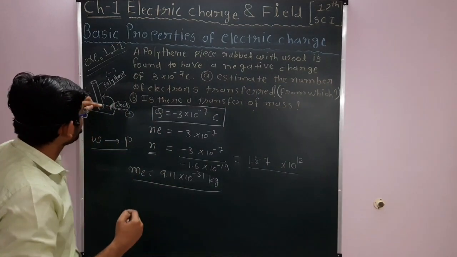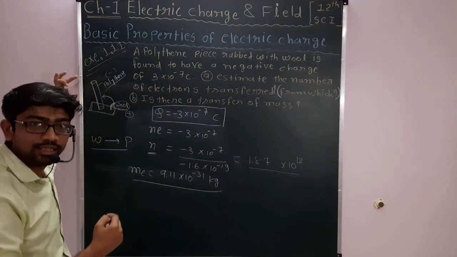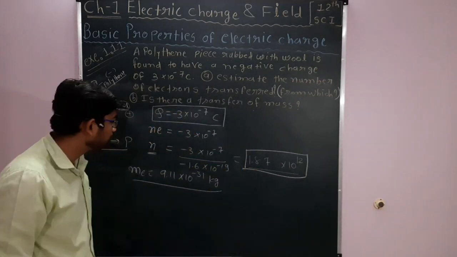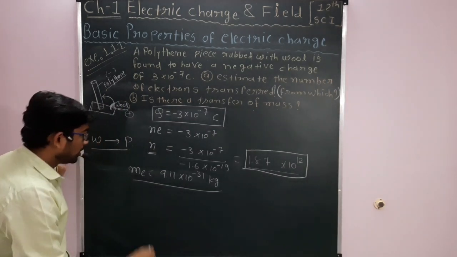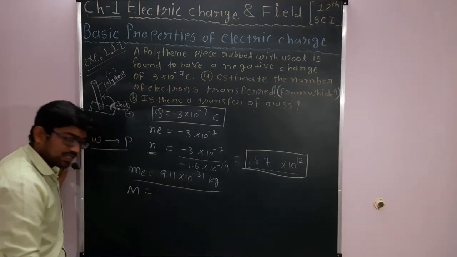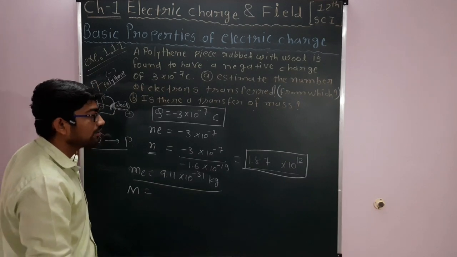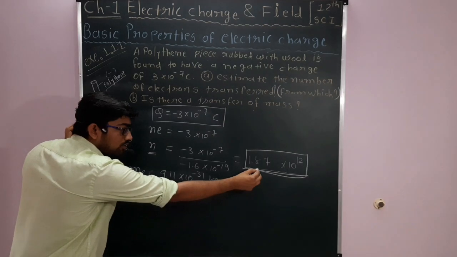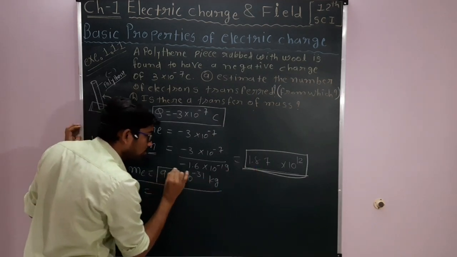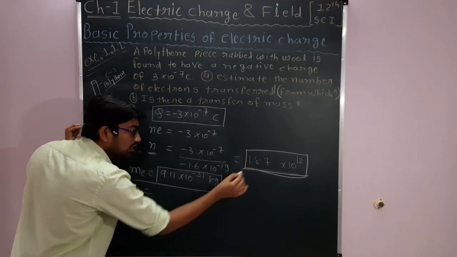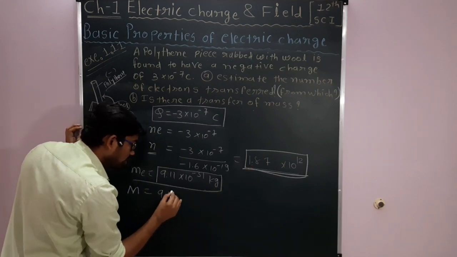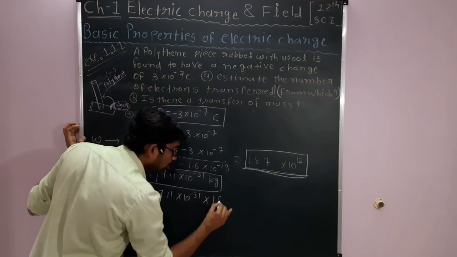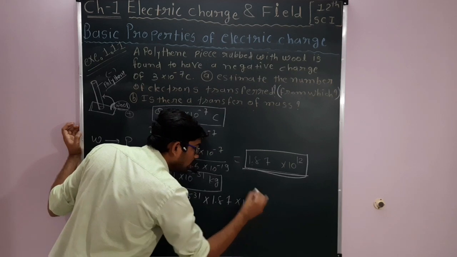So electrons are transferred from wool to polythene, and we find the net mass transferred using this number of electrons. This is the mass of 1 electron, so simply multiply: 9.11 × 10^-31 multiplied by 1.87 × 10^12.